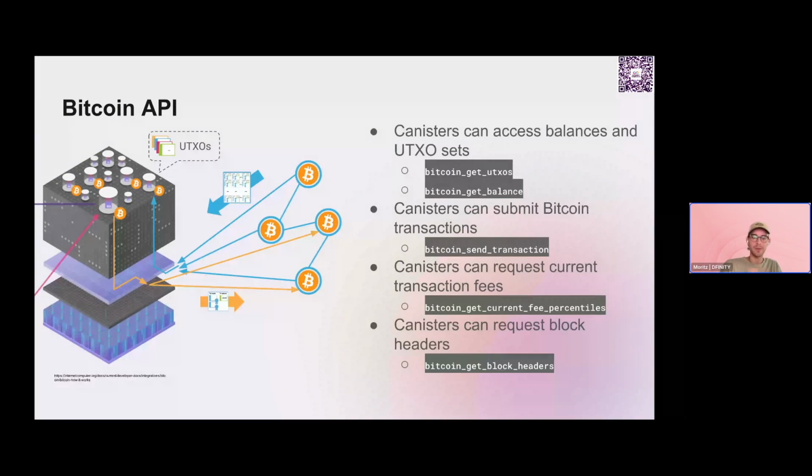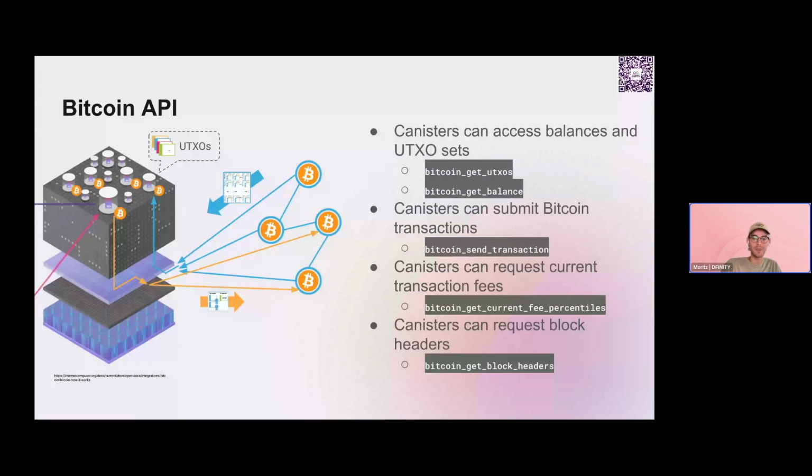Then next, Canisters on the internet computer are able to submit a signed transaction to the Bitcoin blockchain. And when a Canister does that, the nodes within the Bitcoin-enabled subnet directly transmit the transaction to nodes in the Bitcoin network without any need for an intermediary that might censor them.